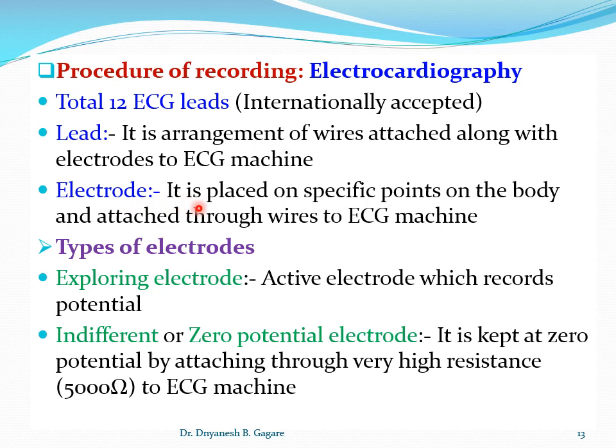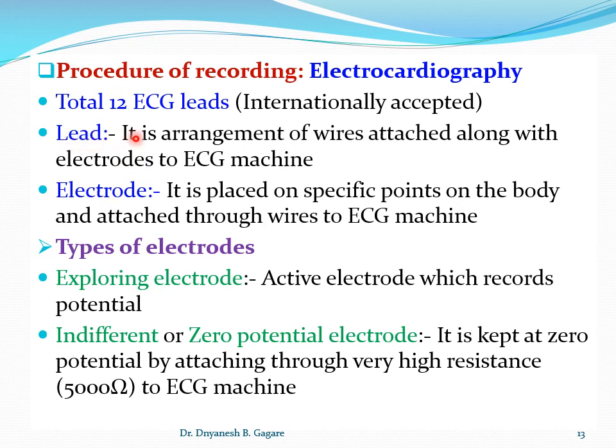It is a part of the lead, placed on a specific point on the body, and then attached through wires to the ECG machine. These are called the electrodes. So under the lead, the machine is there, two wires are connected to two terminals, and at the end of the wires the electrodes are connected. Two electrodes we use at a time, and the electrodes are kept on the body. This arrangement of the wires with electrodes is called the lead.